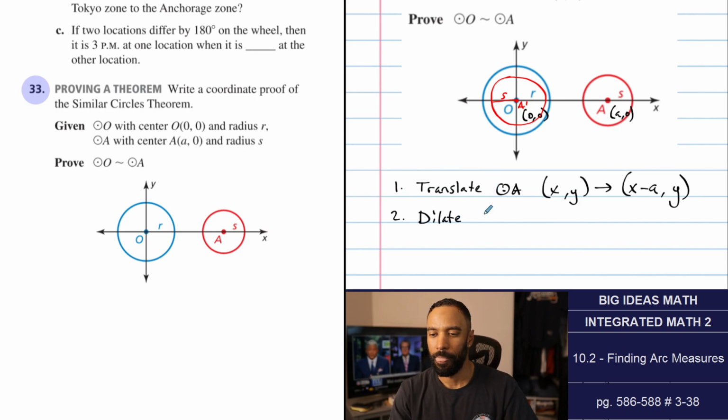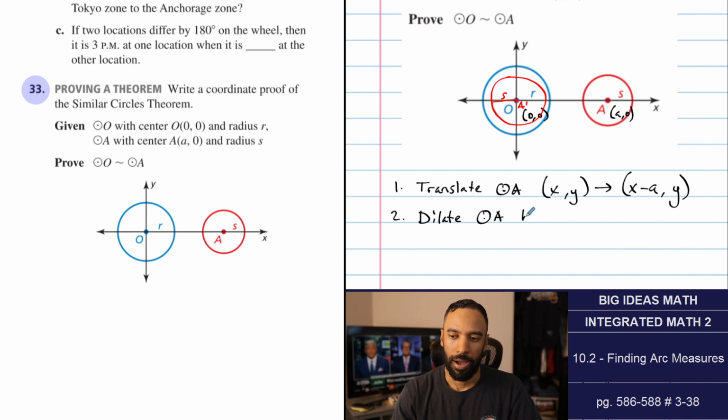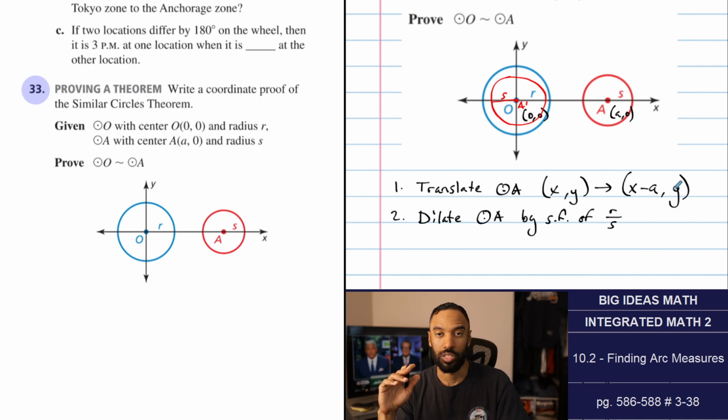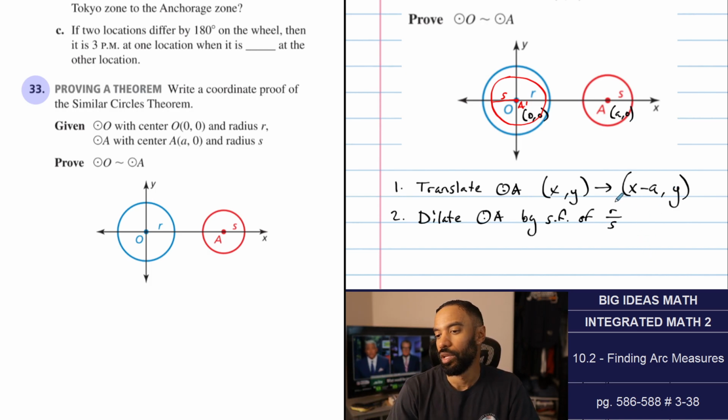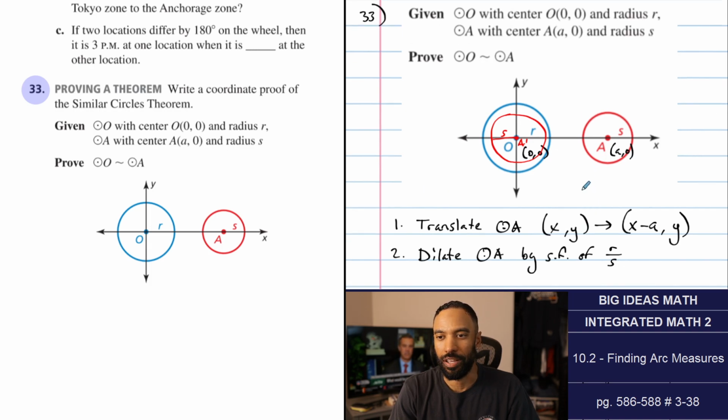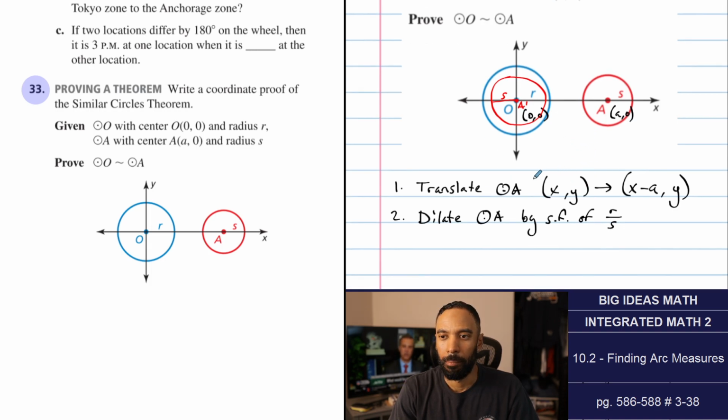But dilate the points of circle A by a scale factor of R over S. Whatever R divided by S is, let's say it's 2. If R divided by S was 2, then we're going to dilate it by a factor of 2. It's going to make it twice as big. I don't know if any of that kind of works, but they're similar.